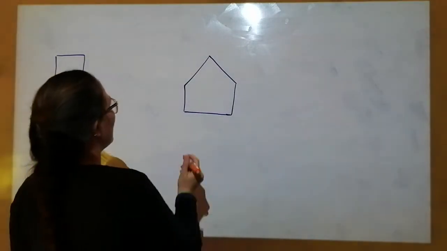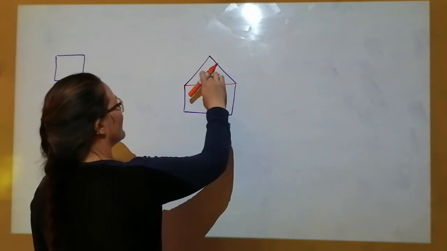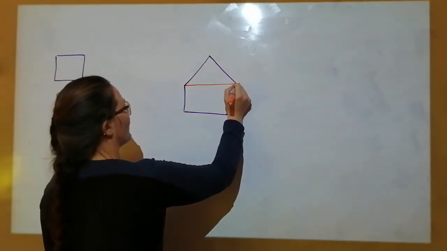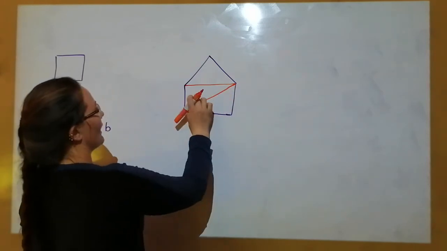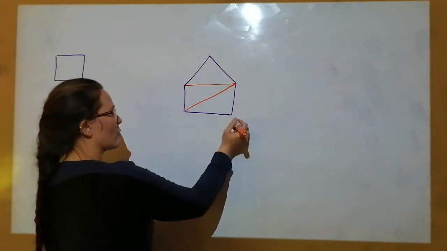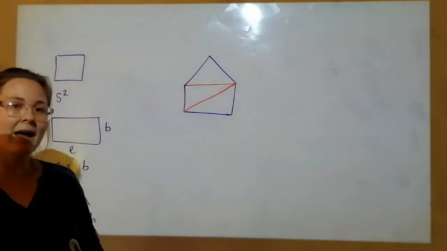So for example, I'm going to go from this vertex and I'm going to draw a cross. There's one triangle. And from this vertex, for example, I'm going to draw a cross over there, and there's two other triangles. I couldn't draw from another vertex without crossing over. So this is made up of 3 triangles.